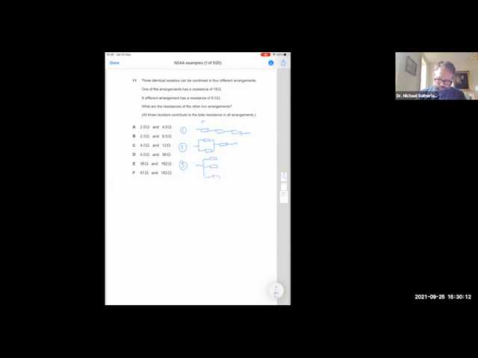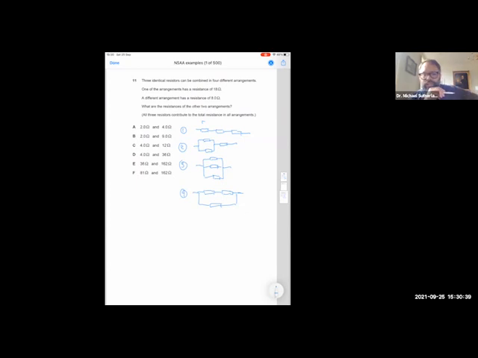So I've got 3 parallel resistors. And then it just took me a second to think of the fourth one. So the fourth one, you could imagine having 2 resistors like this, and then this one being in parallel here. Okay. So those are the 4 possible configurations they're talking about.